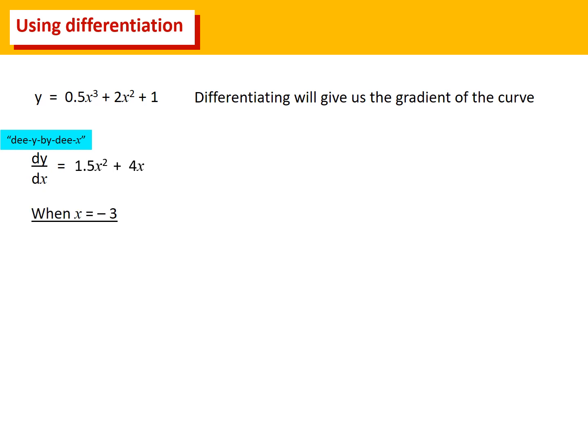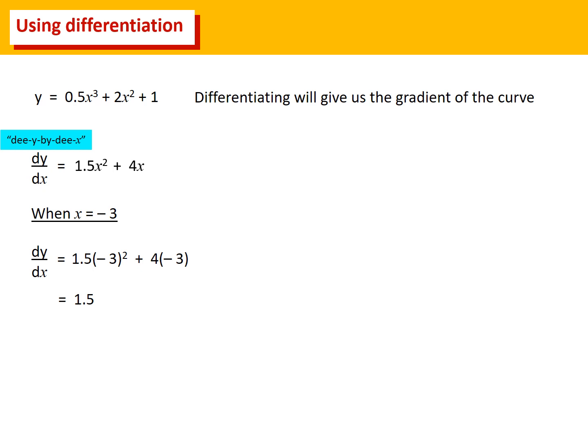Now we wanted to find the gradient when x was -3. So we simply substitute x equals -3 into our expression for differentiation. So it's 1.5 times x squared, so that becomes 1.5 times -3 squared, plus 4 lots of -3.